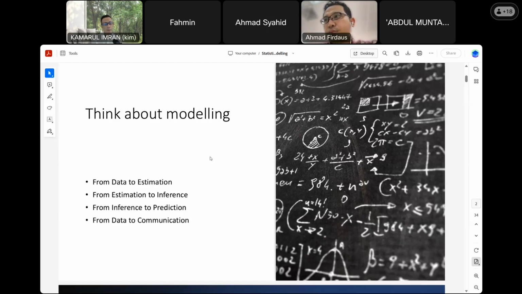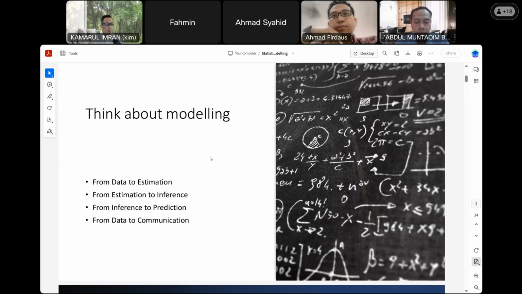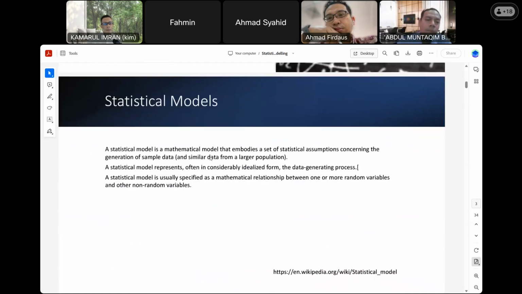And if you are interested, maybe you can create a reactive dashboard. That would be very interesting, so that it'll be more impactful. If not, your findings will only stay in journals. Right. So next is, what is a statistical model?